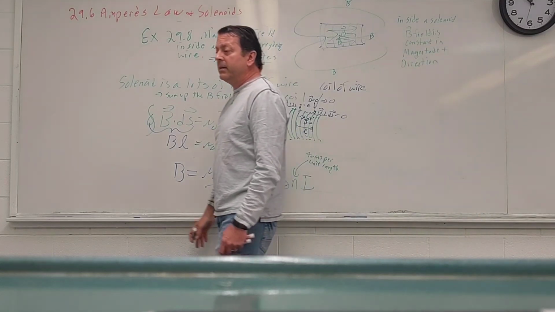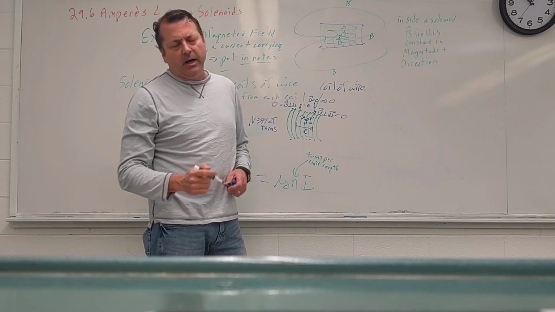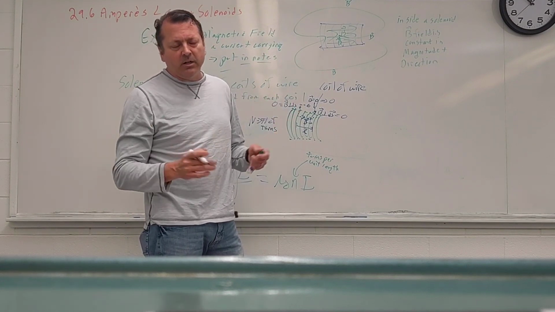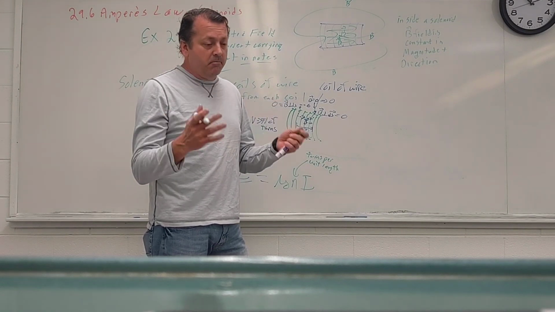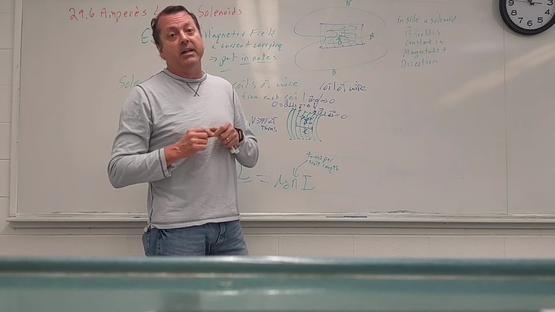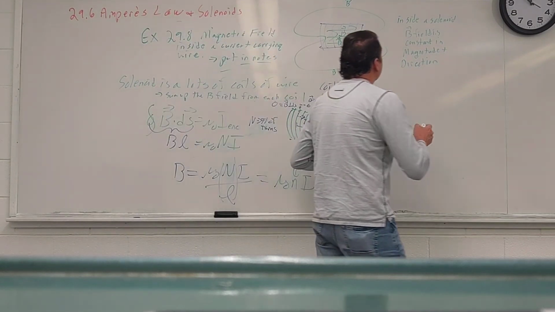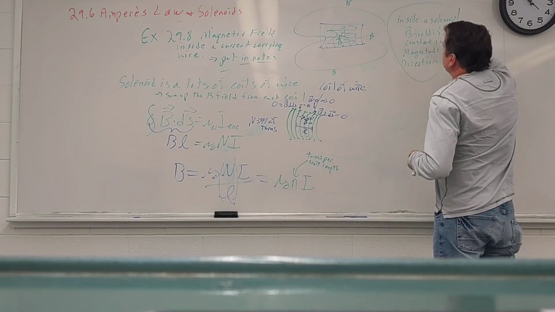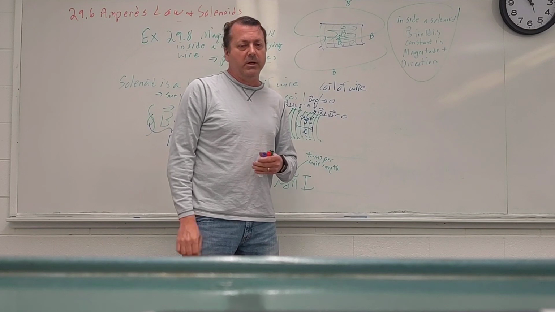A capacitor gives an electric field of constant magnitude and direction. If you want a constant magnetic field in magnitude and direction, it has to be inside a solenoid. Hopefully that helps with Ampere's law, section 29.6.